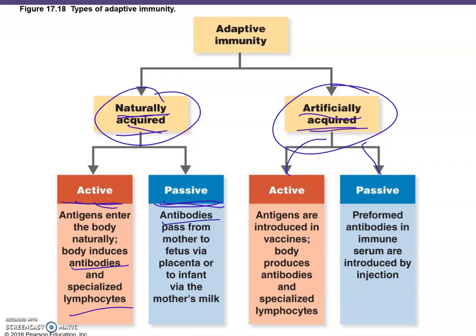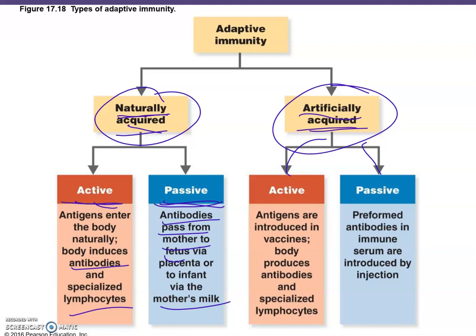Passive means that the antibodies pass from the mother to the fetus by placenta or infant via mother's milk. So it means the infant never learned how to make the antibody, just got it externally. So passive means the body never learned how to make the antibody, it just got it from some external source. In this case, it will be natural. That means through mother's milk, for example.